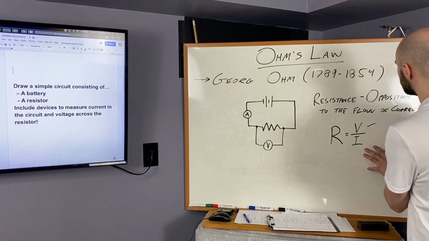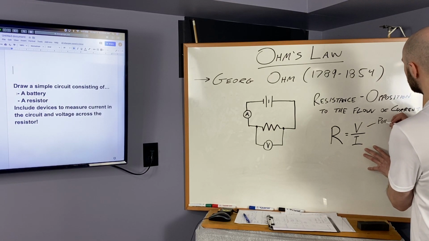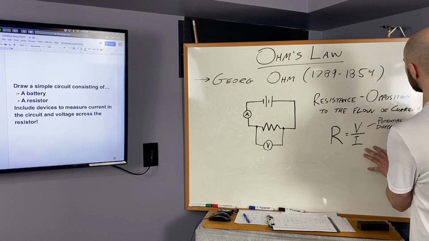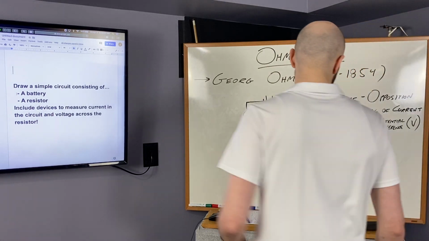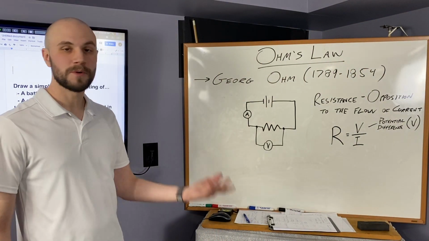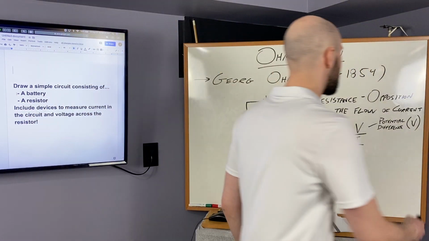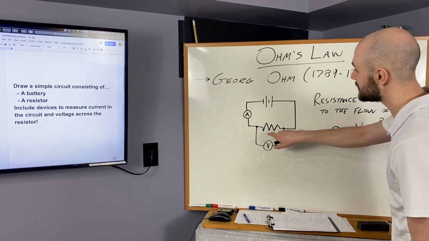So this is potential difference. Remember, potential difference is just another word for voltage, right? Scientists like to use the word potential difference more than voltage, but we'll use them both interchangeably here. This is the potential difference, the difference of potential between these two points.